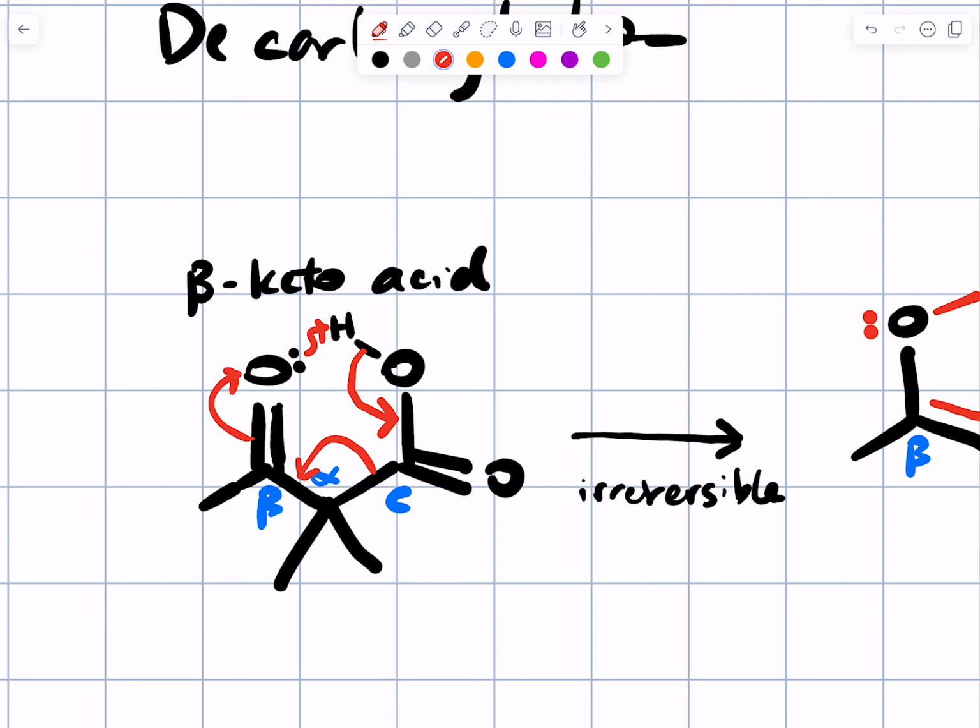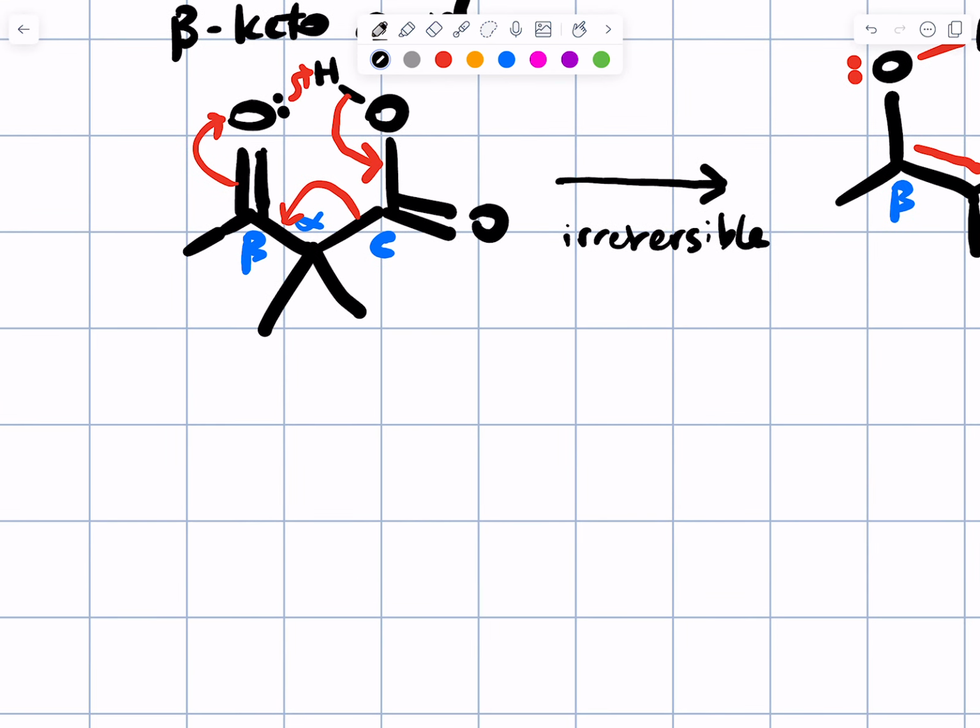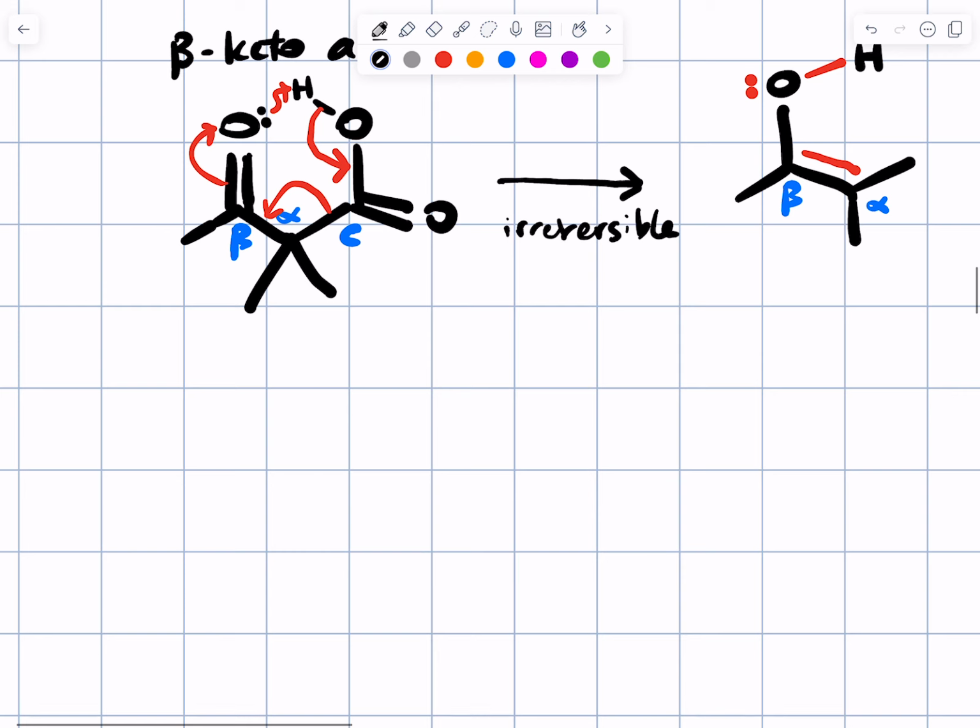We deprotonate first, and then everything else happens. So those are 2 different ways you can do decarboxylation. I am looking, but I'm not seeing necessarily anything else. There's something else I could say that is also true, but probably wouldn't help, so maybe I just won't.